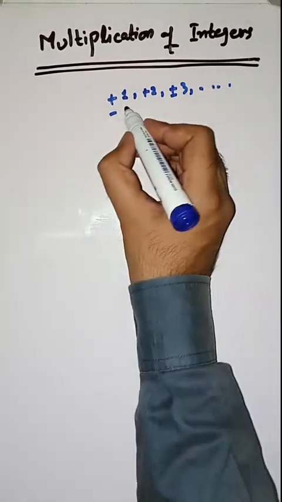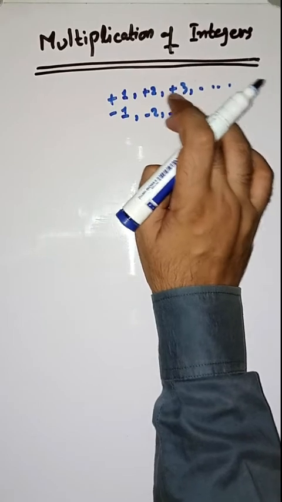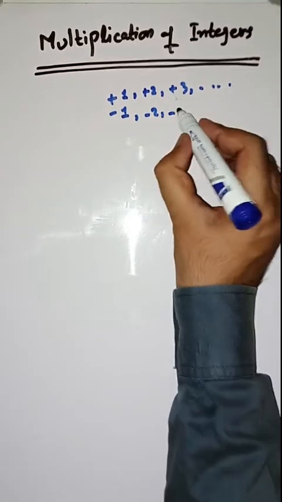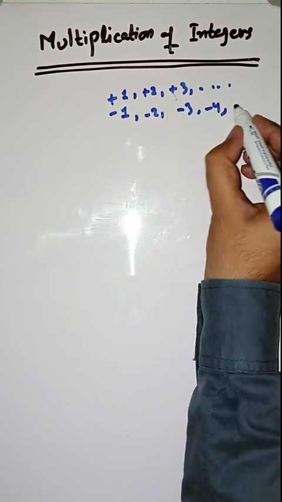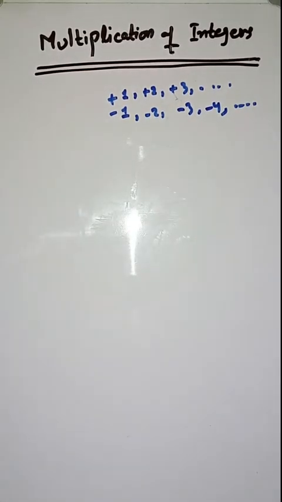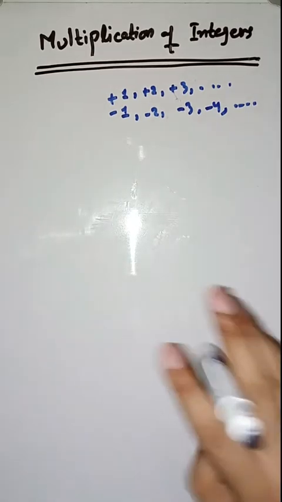Negative integers include -1, -2, -3, -4, and so on, which have a negative sign. So there are both types of numbers, positive and negative, in integers.